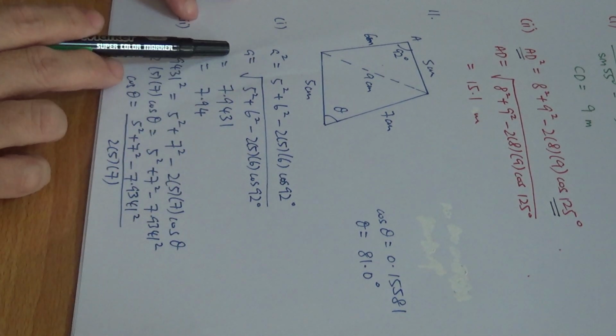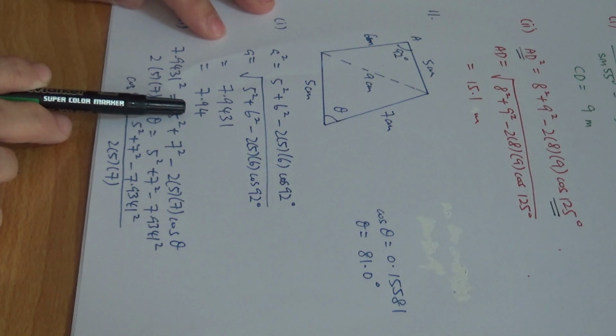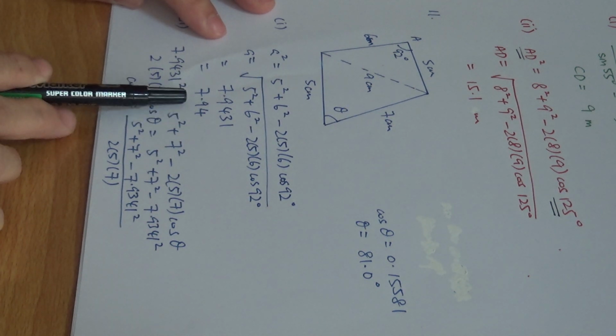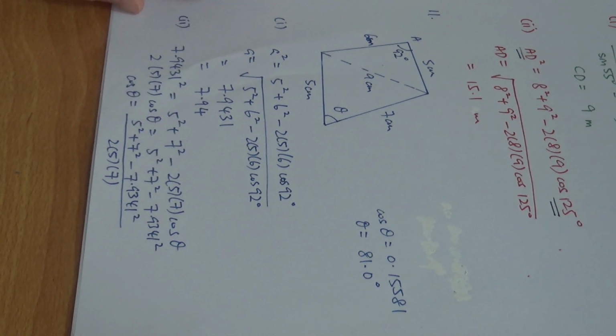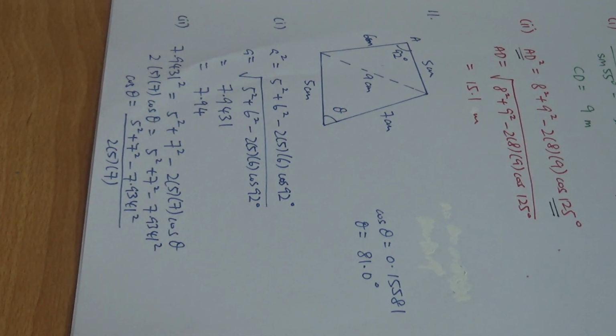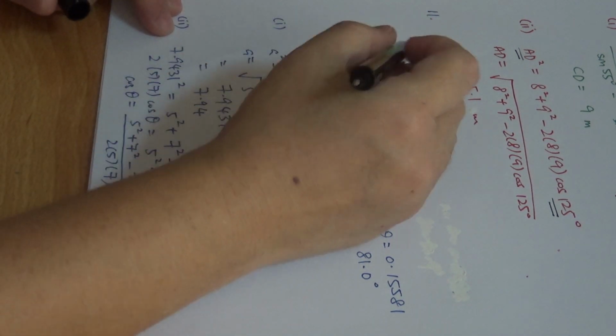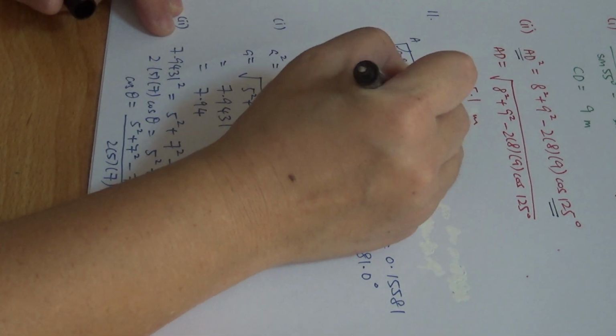You just substitute in, and you get your A as 7.94, which means I am looking at this particular triangle.